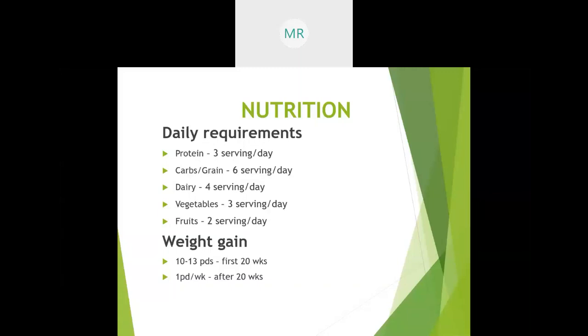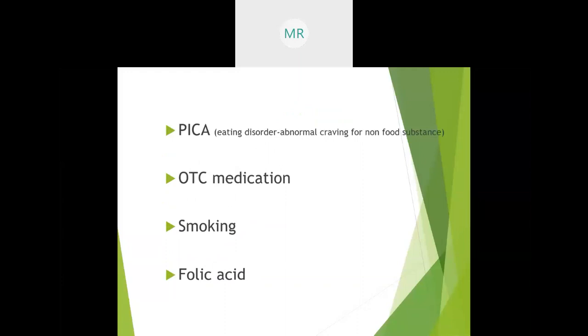Next one on your slide is eating disorders. We will go to eating disorders, which is pica. Pica is an abnormal craving for non-food substance. An example of pica is eating clay, eating dirt, eating cornstarch.